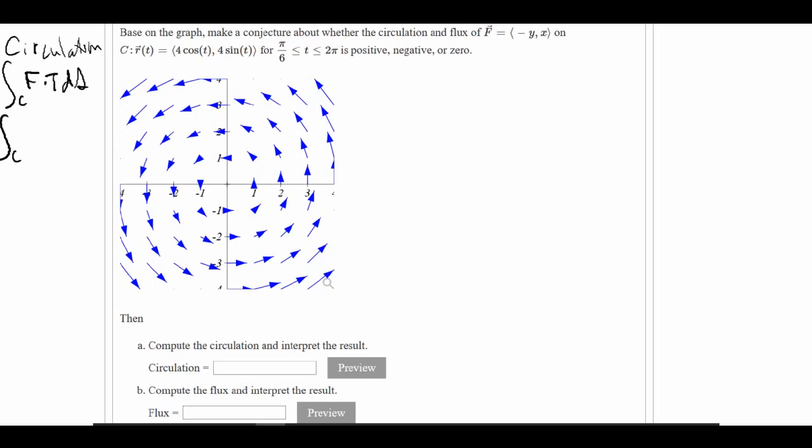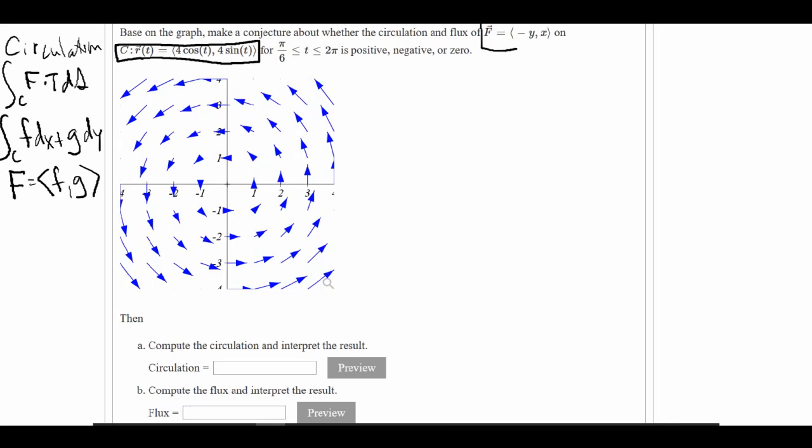We want to do f dx plus g dy, where the field is given by the functions f and g, typically functions of t. So let's do that. Here is the function that represents our curve.